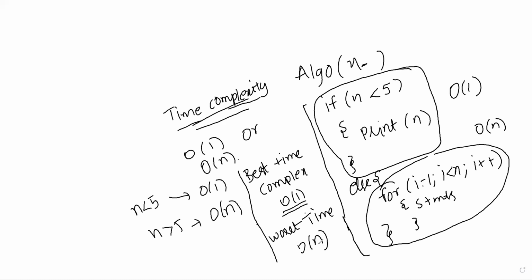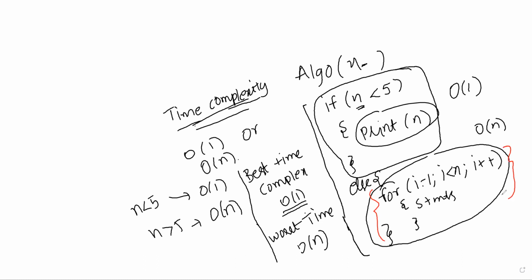Whenever the algorithm depends on some value and has different runs, if n is less than 5 it has a different run, and when n is greater than 5 it has a different run, right?